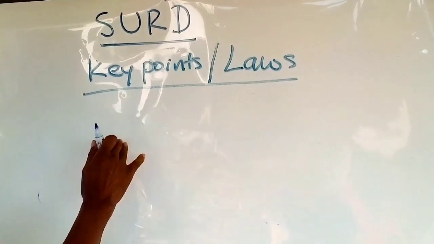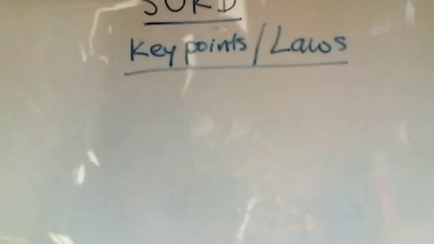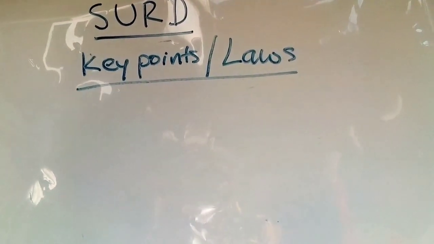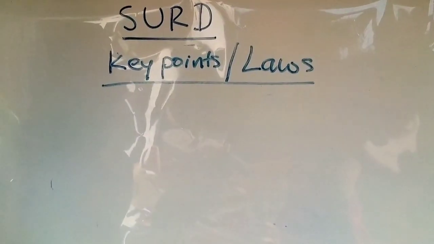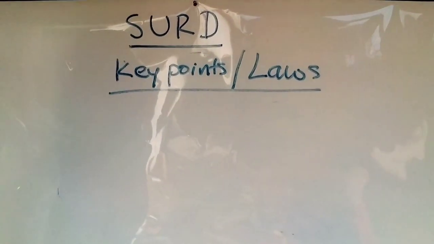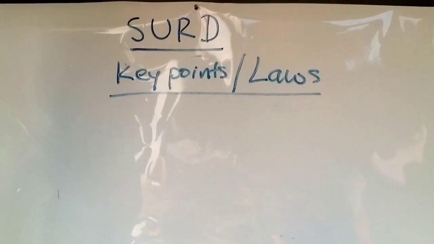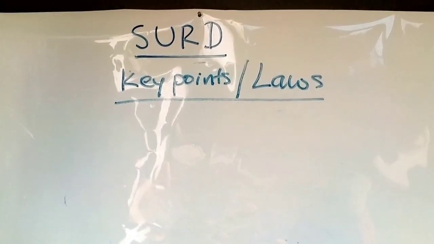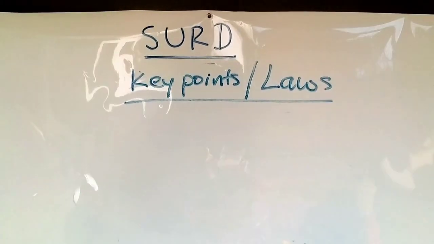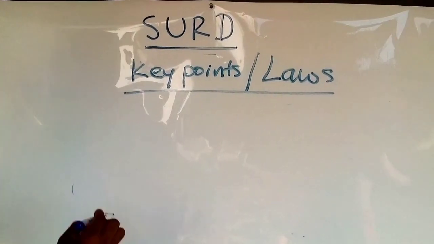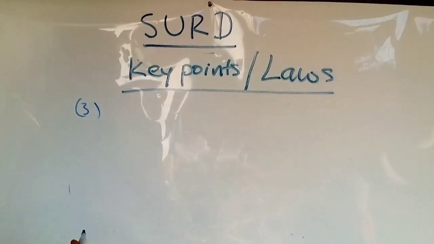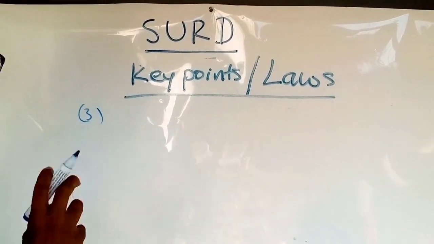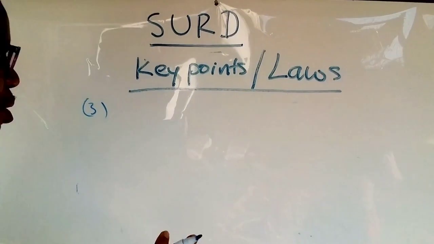Let's go further to more important things that you need to know about surds. Like I've said, a surd is an irrational number. And so, what are these common irrational numbers? Let's look at some of them as key points so that when you're solving, it will help you to fish them out in any question given to you.